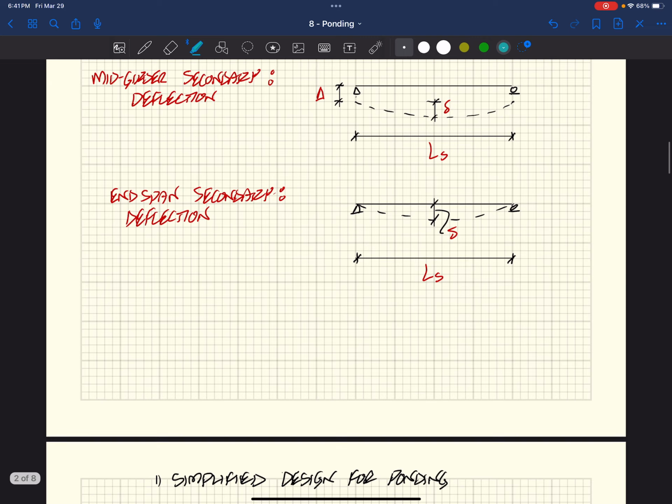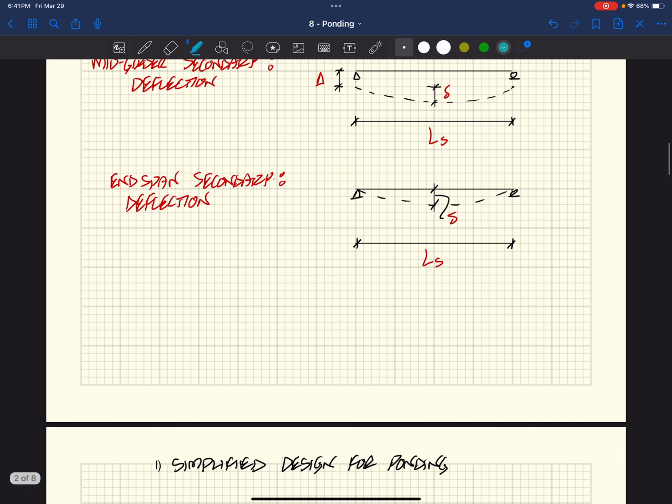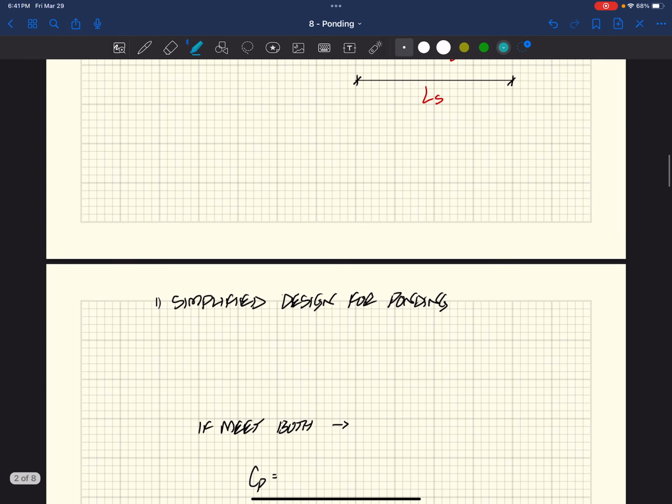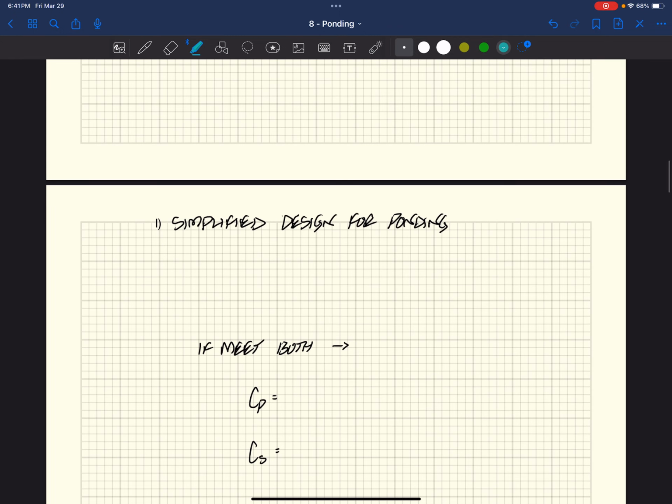So if we look at AISC Appendix 2, the first method they provide is deemed simplified. Because it's deemed simplified, obviously it's likely going to be the most conservative, and the simplest to implement.